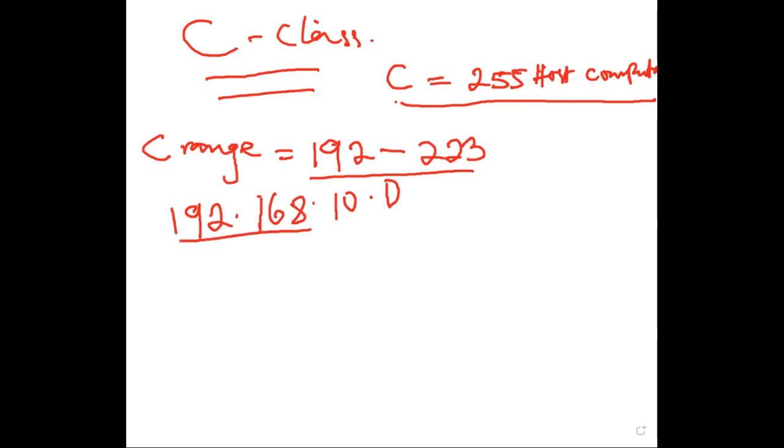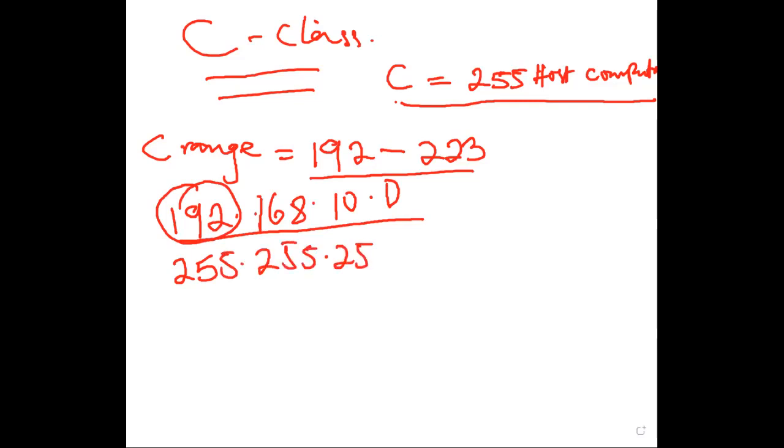Such an IP address is a Class C because of this first octet. Now, for the subnet of a Class C, the first three octets are completely filled, meaning we have 255.255.255.0.